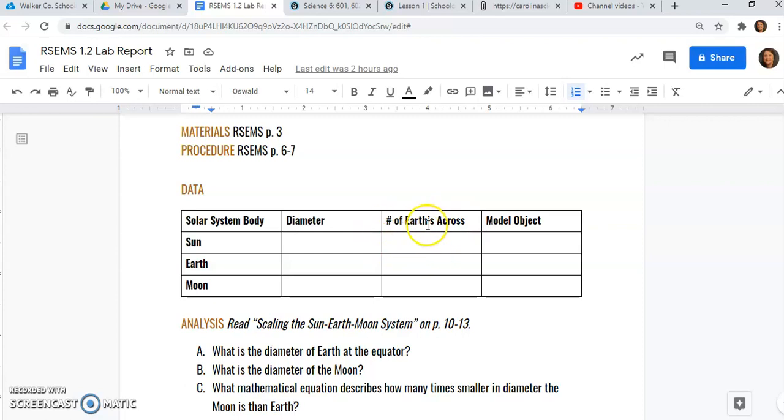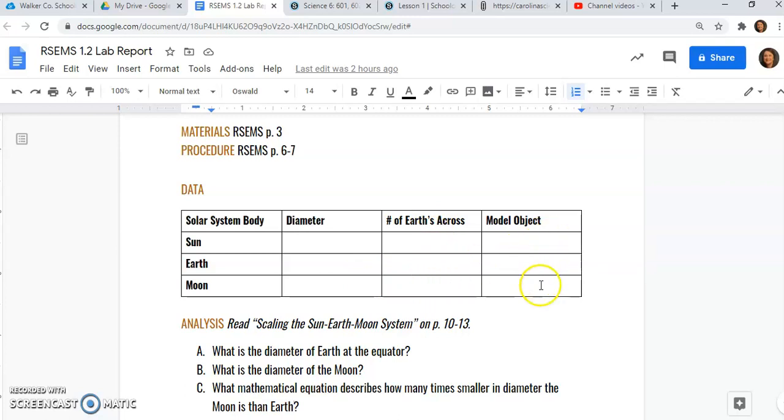And of course, how many Earths across would the Earth be? Well, that would be 1. And how many Earths across would the size of the Moon be? So if you read that reading selection, you'll be able to fill in the diameter column on the data table and the number of Earths across on the data table.